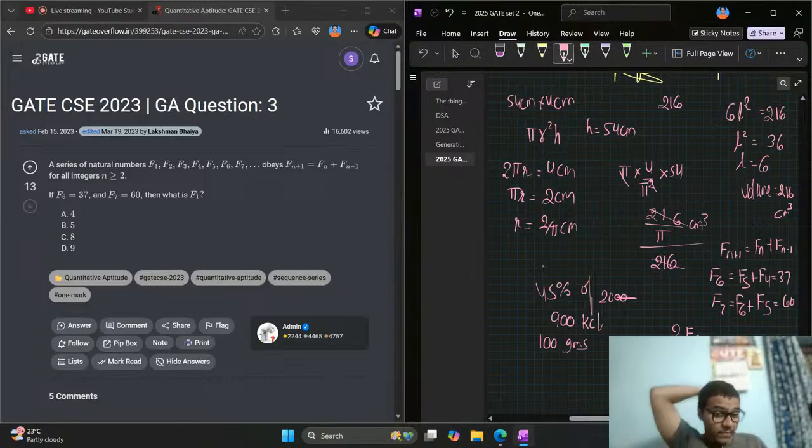So 2 F5. Technically there is something wrong with this if I were to say. So F1 obeys what? So let's say n is equal to 2. F3 is equal to F2 plus F1. Okay, that's making sense here.